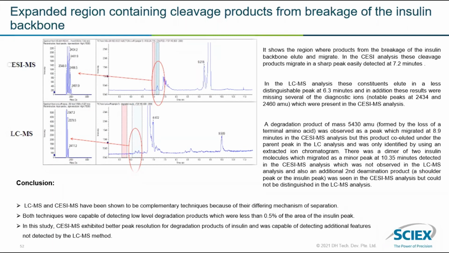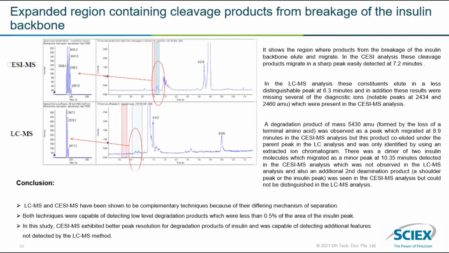And in conclusion for these experiments, we can conclude that LCMS and CESI-MS can be shown to be complementary techniques because of their differing mechanisms of separation. Both technologies were capable of detecting low-level degradation products, which were less than 0.5% of the area of the insulin peak.